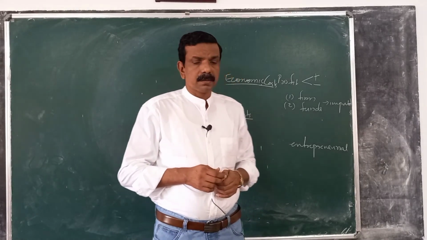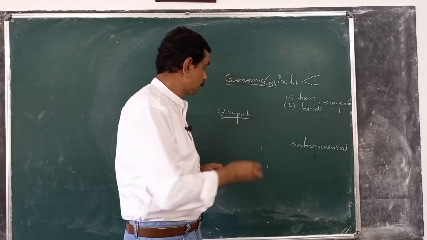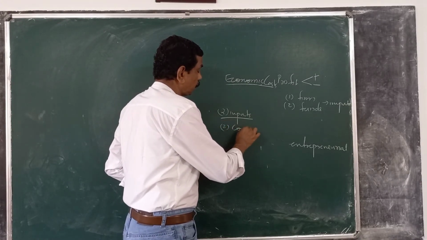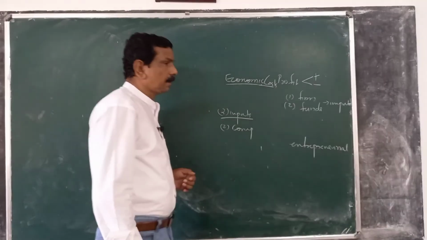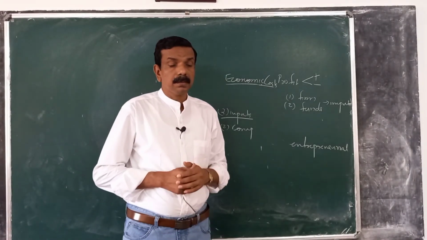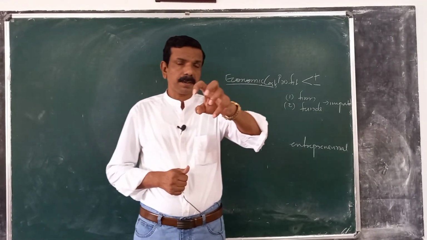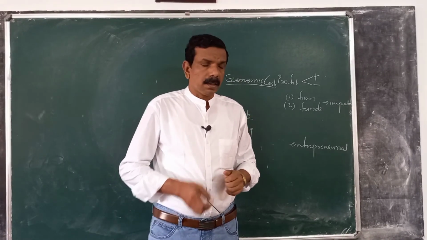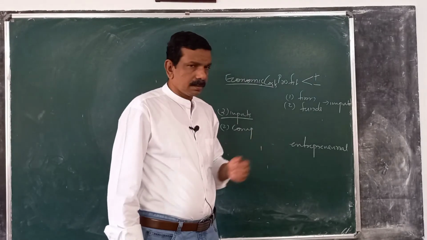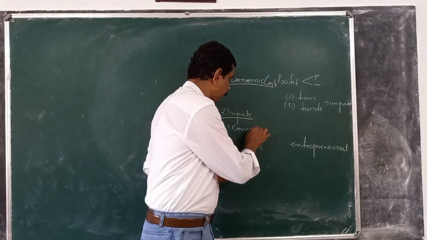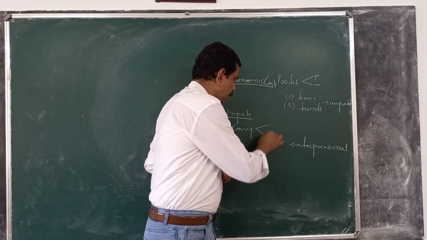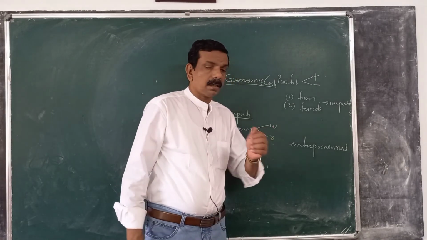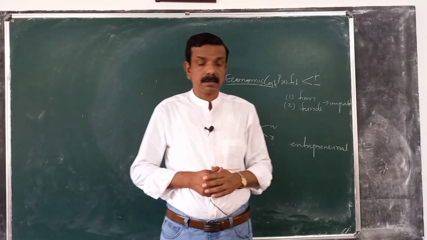The second assumption is that inputs are purchased from competitive markets. So entrepreneurs purchase inputs from competitive markets. That means entrepreneurs can purchase capital and labor at constant W and constant R. W and R are assumed to be constants.